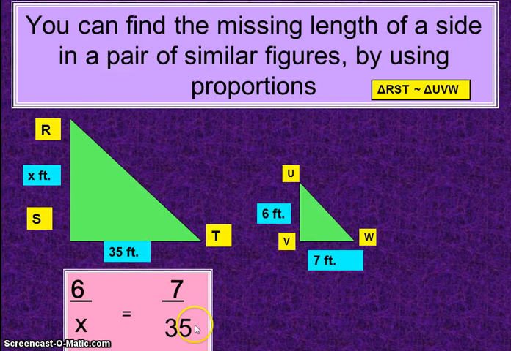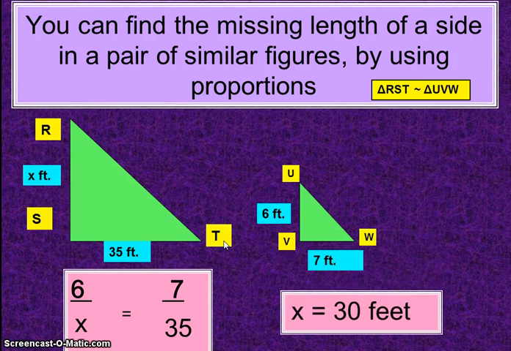Once I get to this point, all I do is cross multiply: 7 times x and 6 times 35. So the math on that would be 7x equals 35 times 6, which is 210. I'm left with 7x equals 210. I want to break up the 7 and x, so I divide by 7 to do that. I divide my 210 by 7 and I get 30.